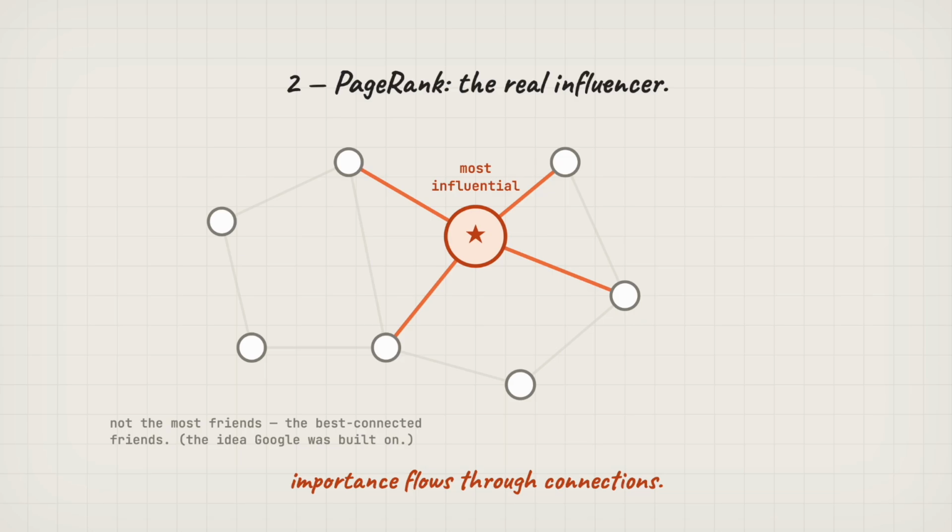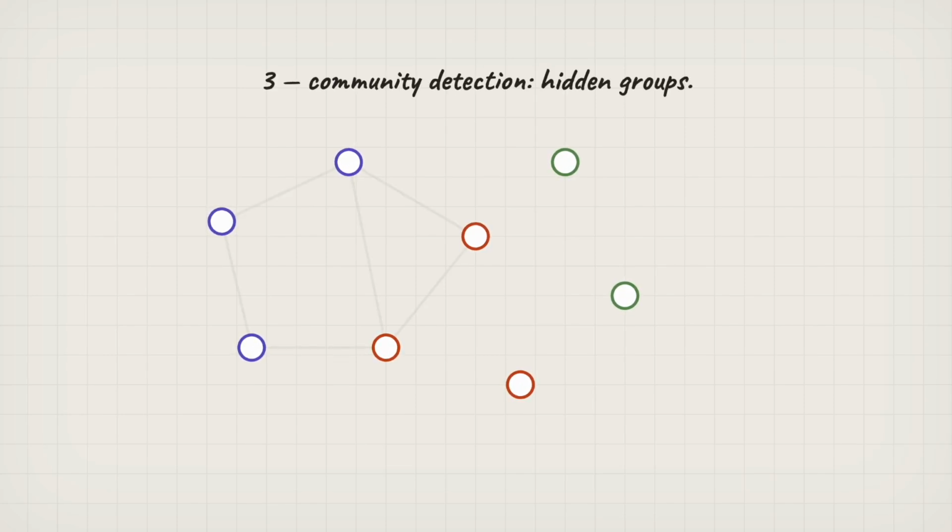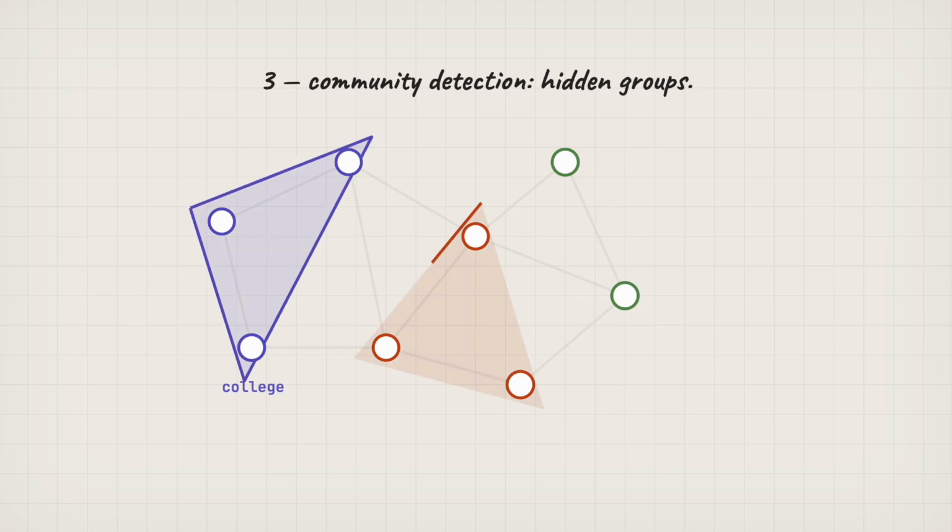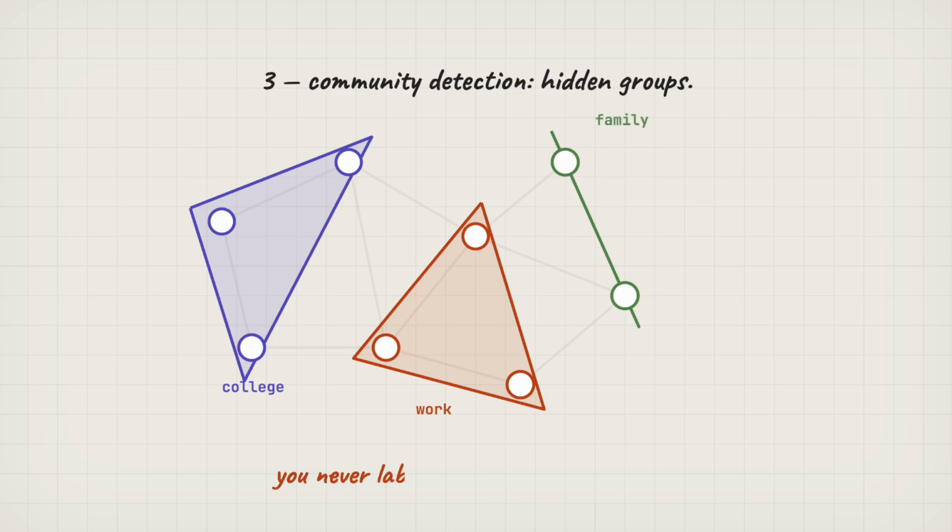In our network, PageRank finds the real influencer. Third one, community detection. This finds the natural groups inside the network. Your college friends over here, your work people over here, your family in another cluster. You never told it those groups exist. It found them just from the pattern of connections.